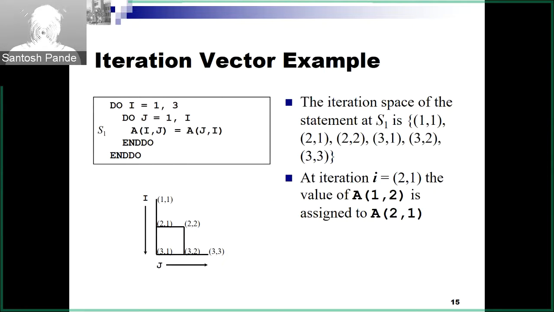So here is a simple example of this iteration space. We have a do loop, I going from 1 to 3. The inner loop is the J loop, going from 1 to I, note that. And then we have a reference A of ij is equal to A of j i. The inner references are of course not relevant here.